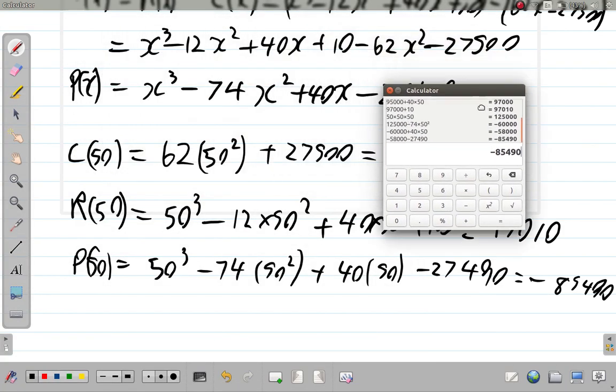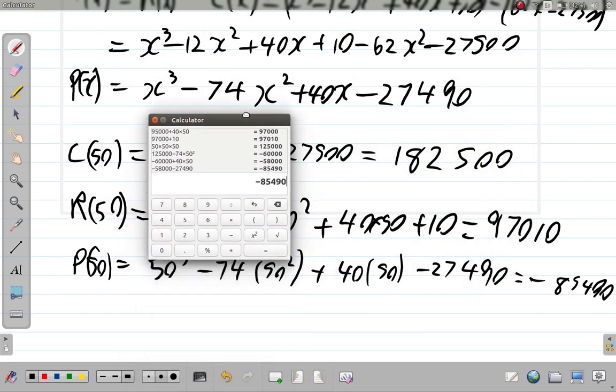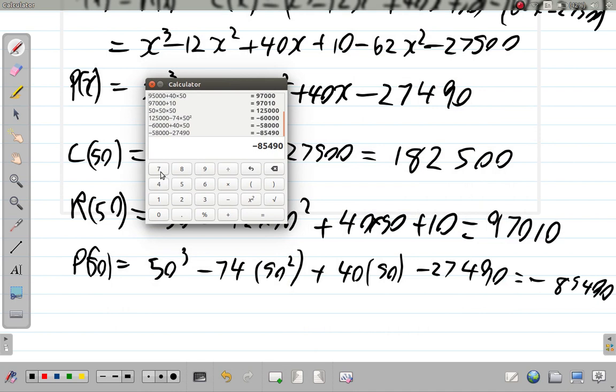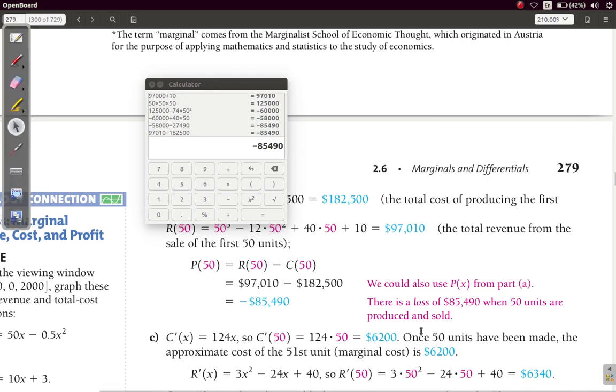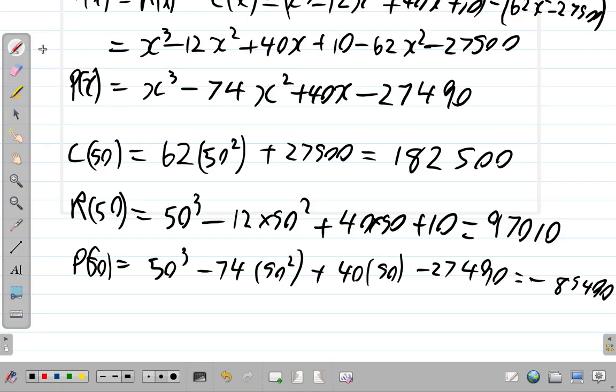An alternative way of doing this is to look at our revenue, 970,010 minus our cost of 182,500 equals negative 85,490. It's in dollars. I didn't put my dollar signs. Let's put the dollar signs there.